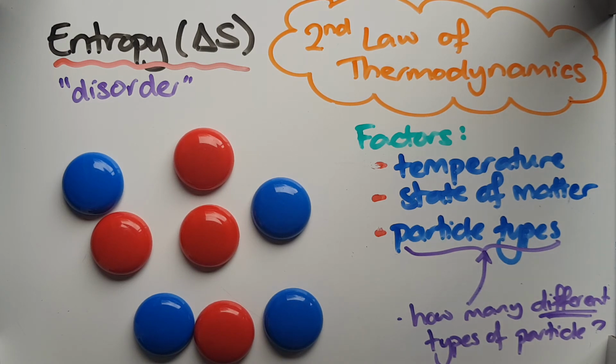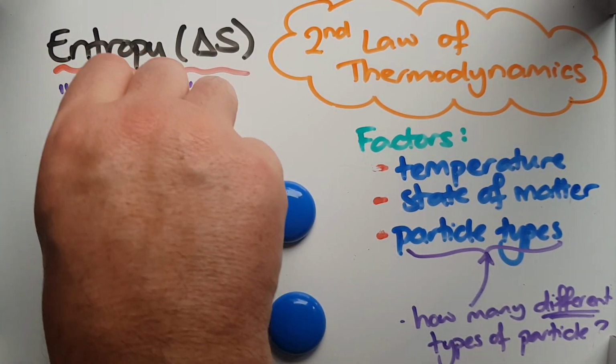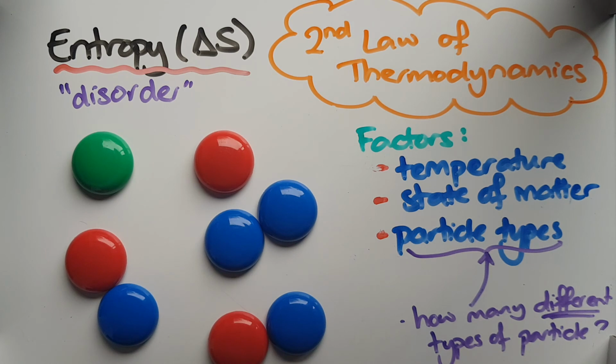I could increase the disorder dramatically, not just a little bit, by replacing one with another type of particle like that. That increases my different possibilities for how to arrange the molecules or ions or whatever they are considerably.